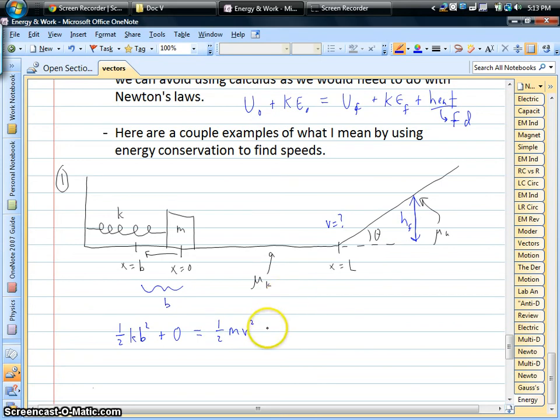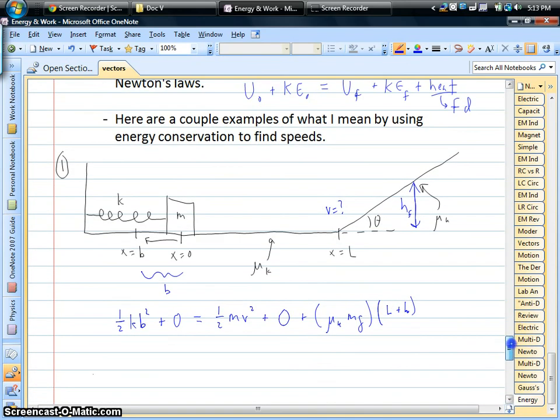But then it hasn't changed height, so there's no potential energy that we're dealing with, but there will be heat. So we'll have to include the friction force times distance. Friction force is mu times N, so that's our coefficient times the weight, because we're on a flat surface, times the total distance that it's going to slide, and that looks like it's going to be L plus b.